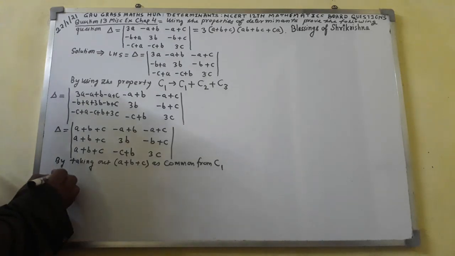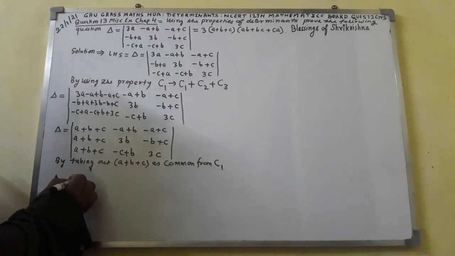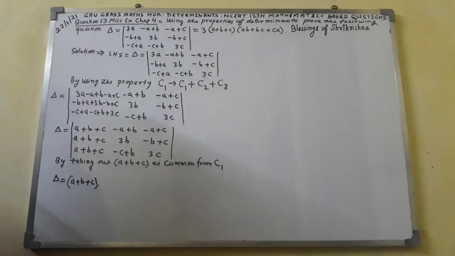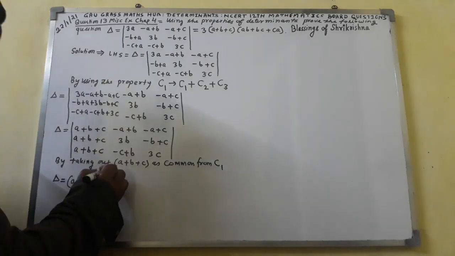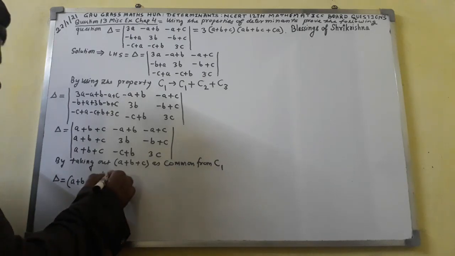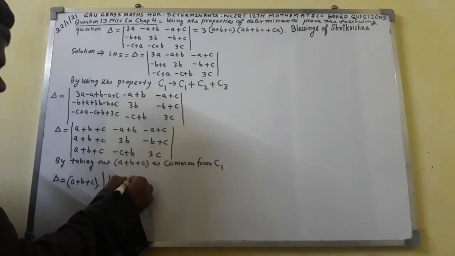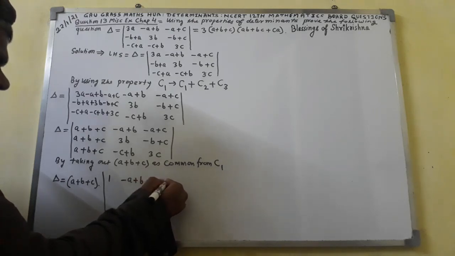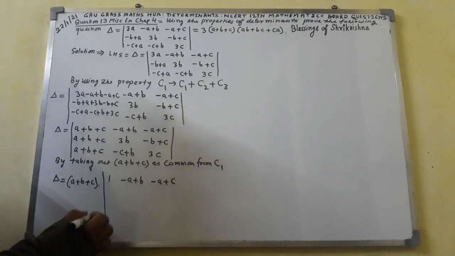So we will get that as a plus b plus c has gone out as a common. So we will get 1, minus a plus b, minus a plus c.